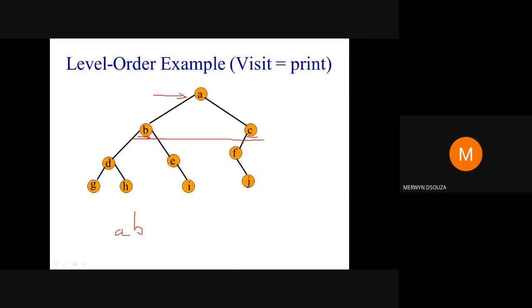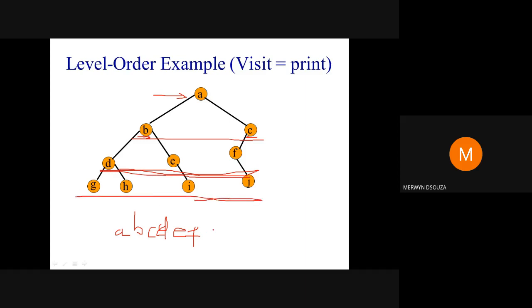Go to the next node on the same level, visit it, put it in the output. Then go to the next level. Go to the left hand side, visit this, put it in the output. So you'll get D here. You visit the next node on the same level, and the next. Once you are finished with the level, go to the next level.